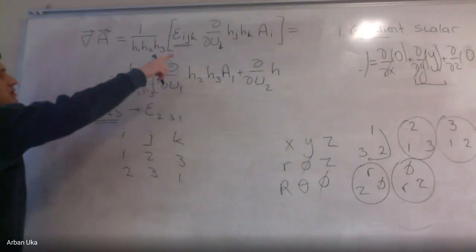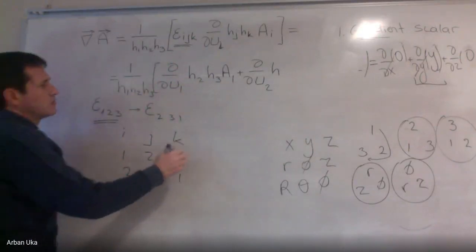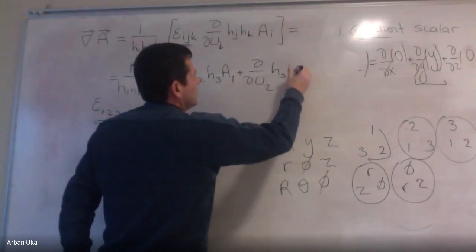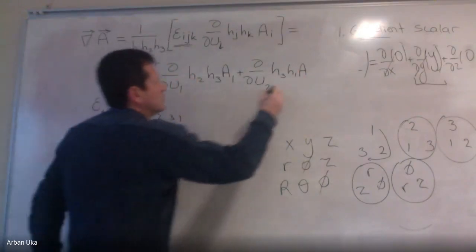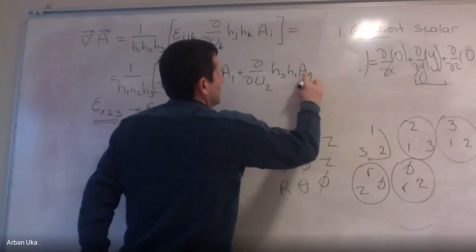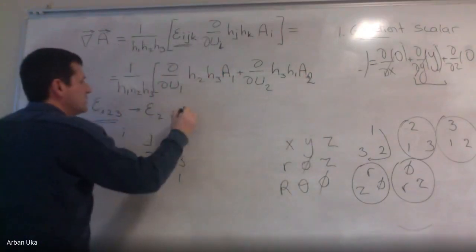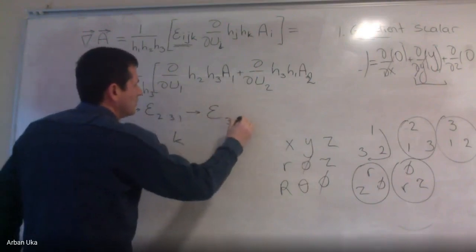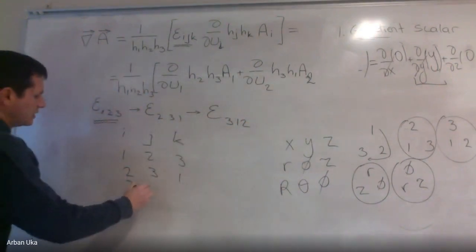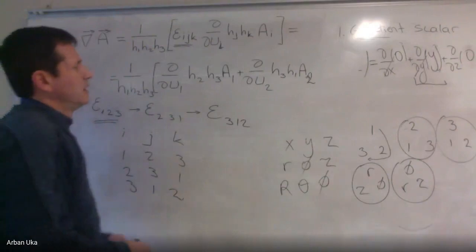What is jk? jk is 3, 1. H3, H1, A should be i, which is 2. Okay. Then the next permutation is going to be 3, 1, 2.